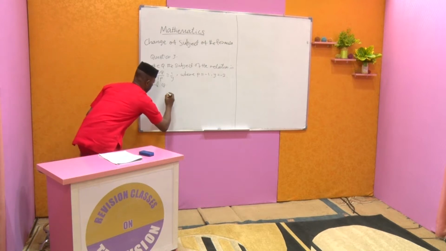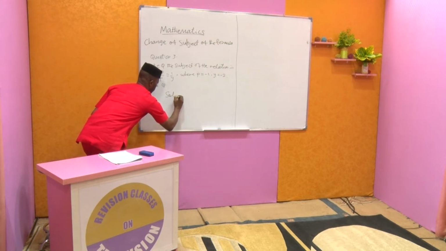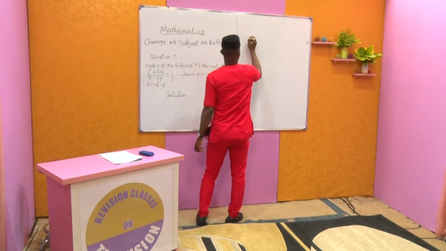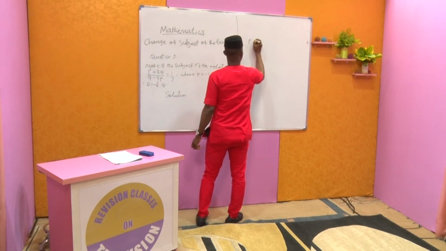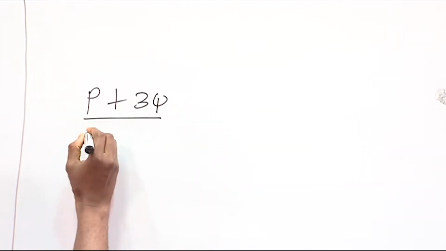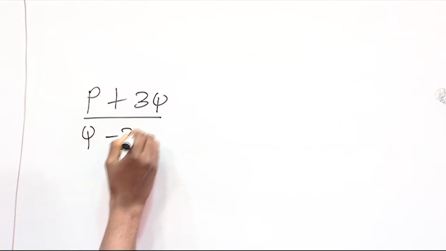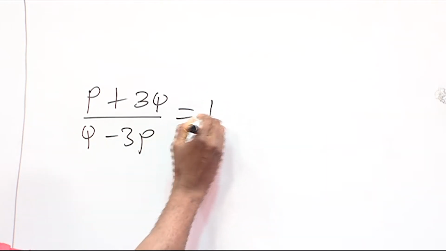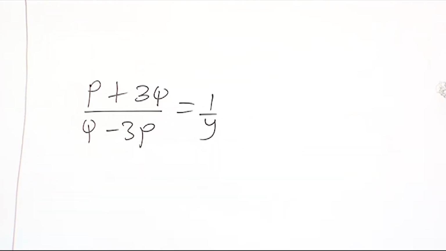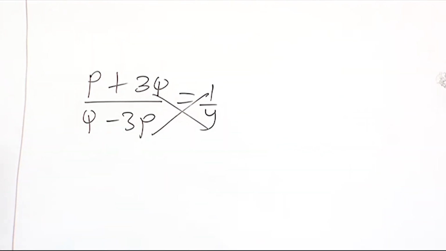Solution. (P plus 3Q) all divided by (Q minus 3P) equals 1 over Y. We cross multiply.